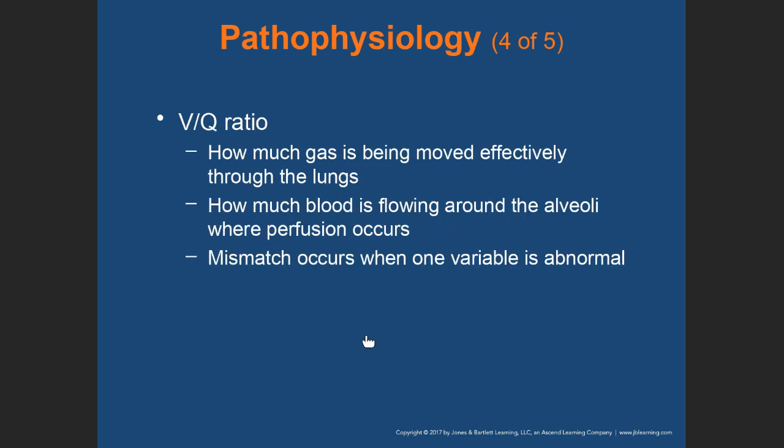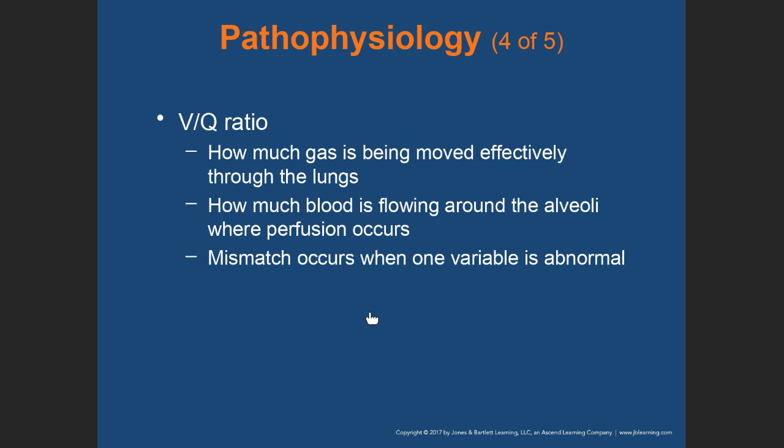All right, now VQ ratio. What does that mean? VQ ratio is ventilation perfusion ratio. What that means is at the point that oxygen reaches the alveoli, deoxygenated blood must be present in the pulmonary capillaries for the exchange to occur.